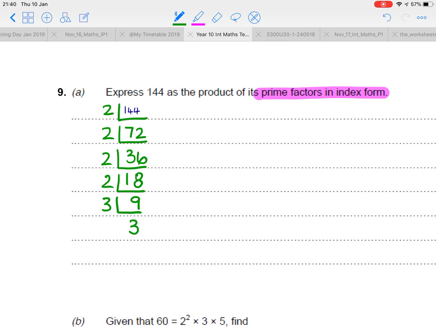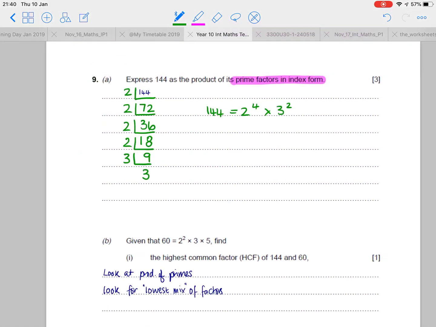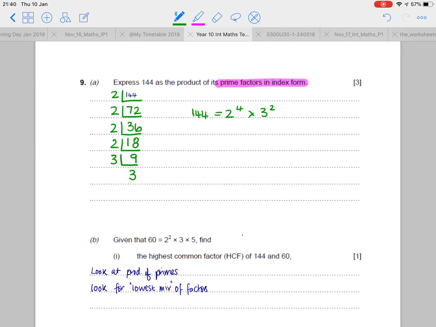And as soon as I get to a prime number, I stop. So 144 can be written as 2 to the power of 4 times 3 to the power of 2. Product of prime factors in index form. So I'm going to put that down by here to help me with part B.